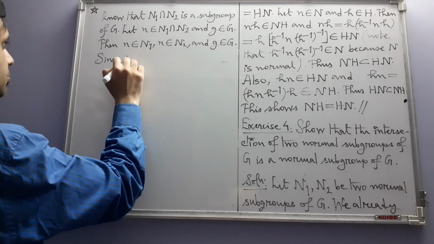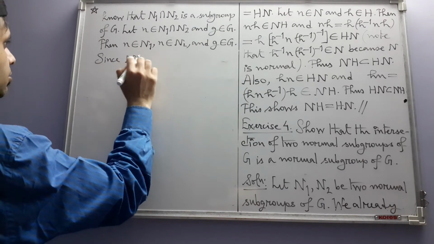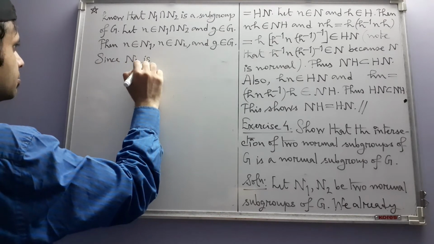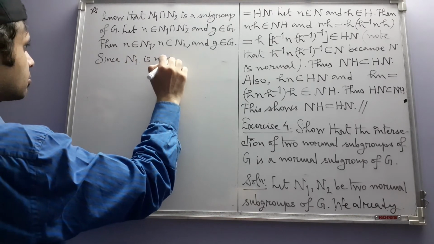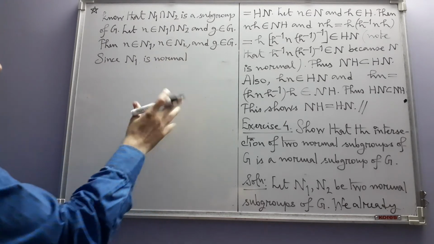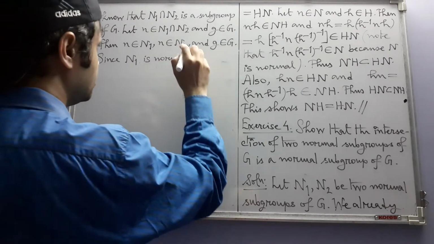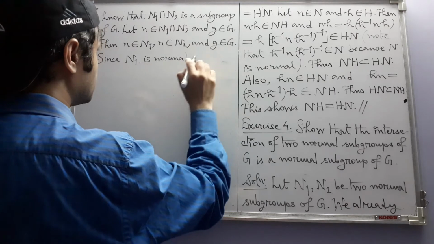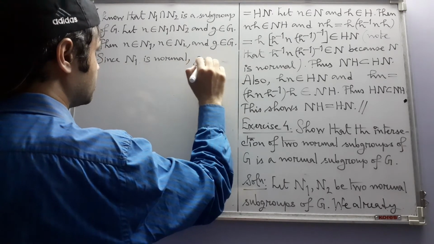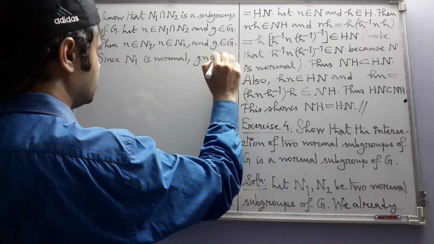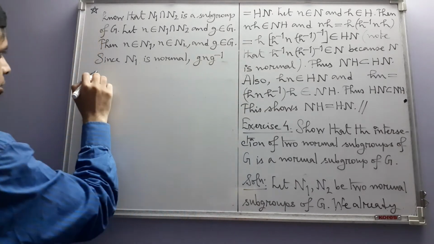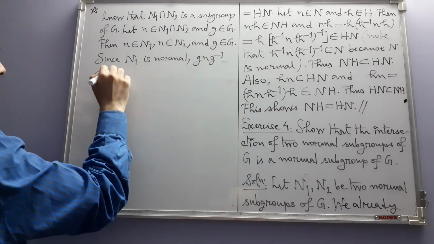Since N1 is normal in G, that I am not writing, that is understood. So the conclusion is this: g n g inverse belongs to N1.